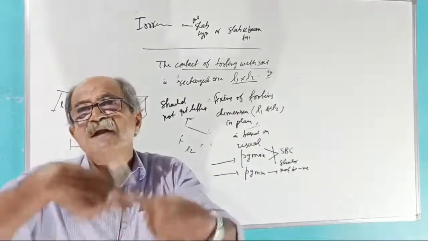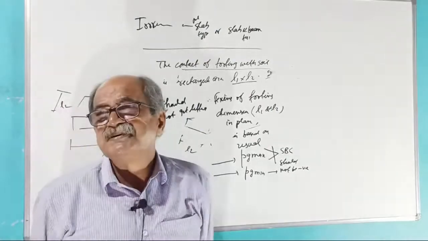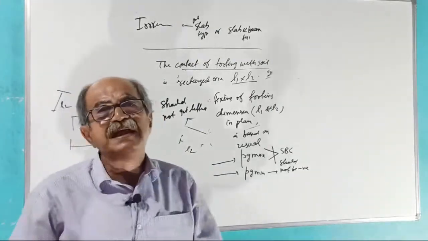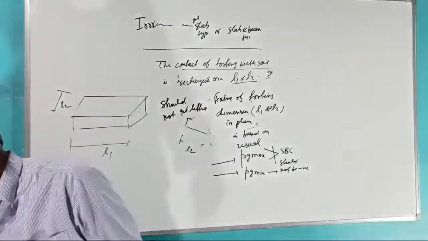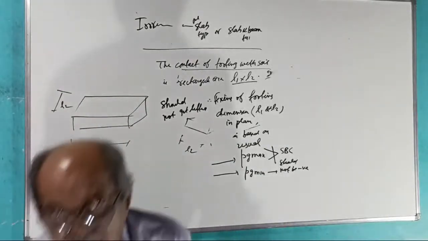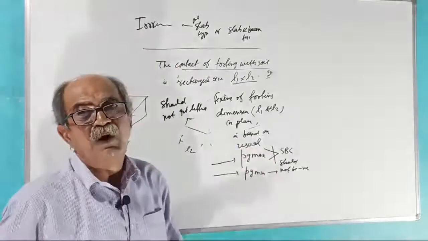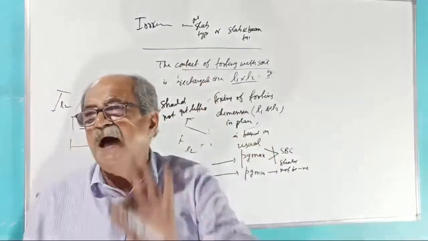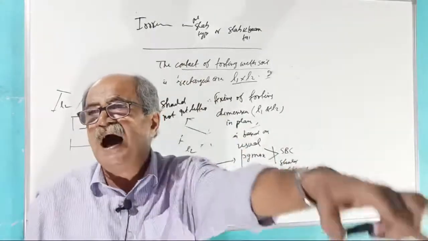In ETABS, reverse. Tension positive, compression negative. Anyway, that I will tell you in the ETABS class. Don't worry now. When I go to ETABS model, I will tell that at that time. Here why I am telling, because this class is meant for ETABS and SAFE batch and also for RCC batch.